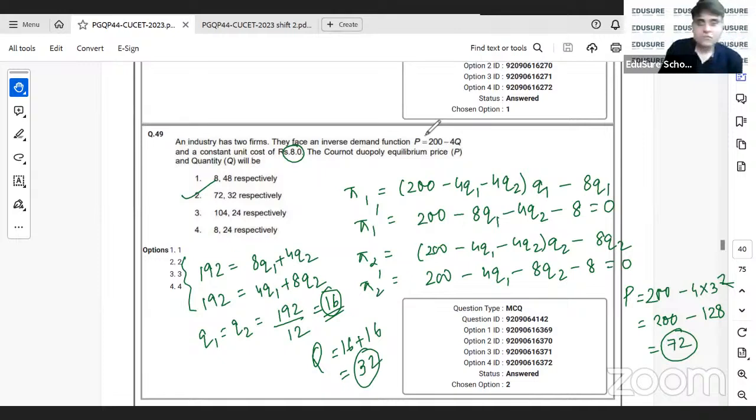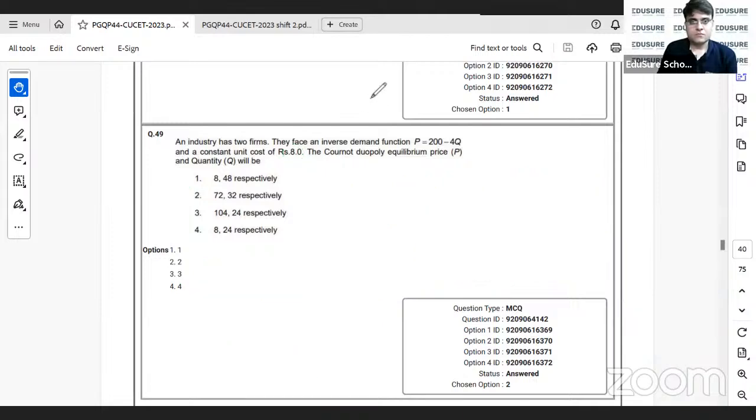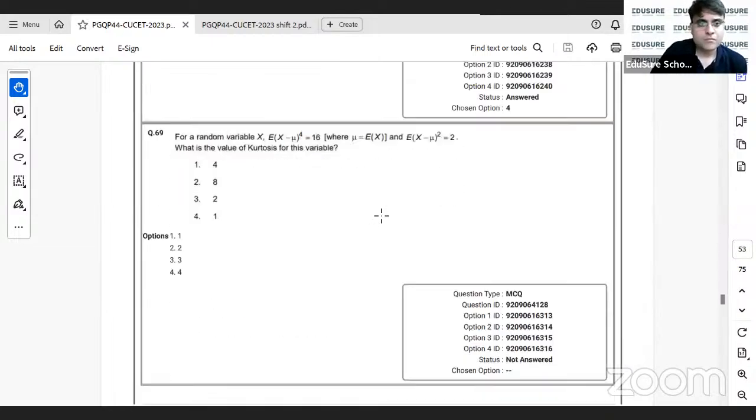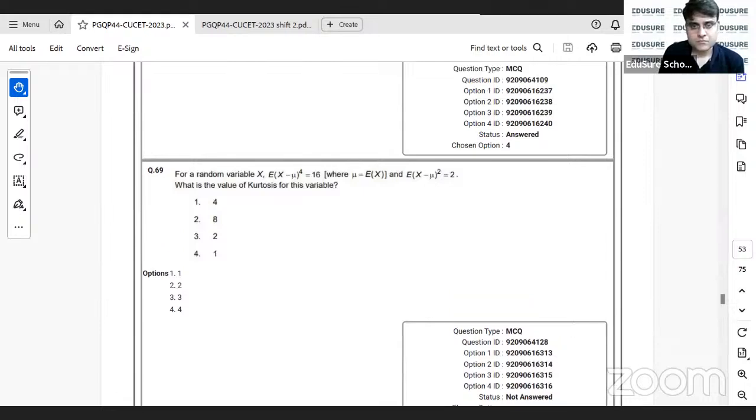69. Let's do it. CUET 2023 question number 69: for a random variable x, this and this.